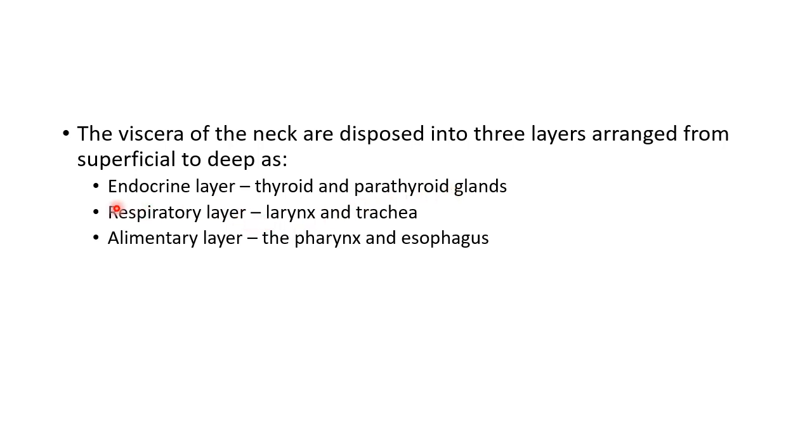Next, posterior or deep to the endocrine layer would be the respiratory layer. And these sets of organs are important for conducting inspired and expired air. So, the first organ, which will be the focus of our discussion, would be the larynx or the voice box.